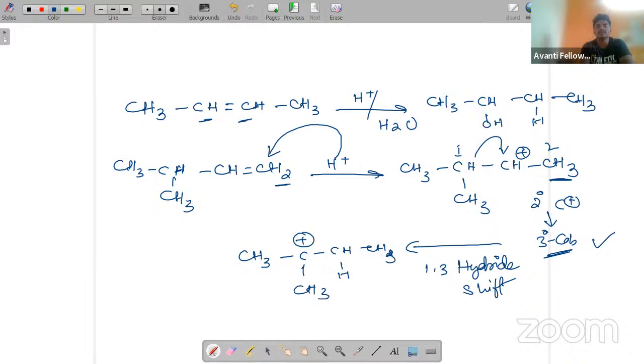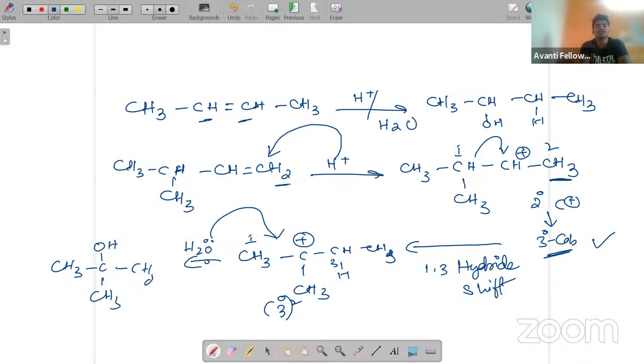Now you can see this carbon is attached with 3 carbons, so that is why this is tertiary. So try to see if we can convert secondary to tertiary. Now H2O will come and attack this carbon. So your final product will be CH3-C(OH)(CH3)-CH2-CH3. Okay, so like this you are going to get it.